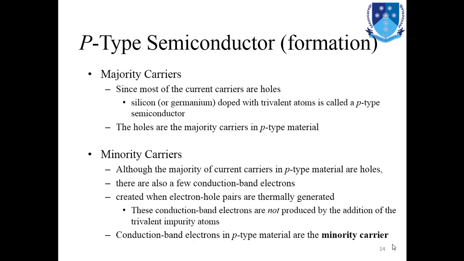One type of charge carrier is in majority, which are holes. So the current in p-type material will be due to the holes, and the holes are considered the majority charge carriers in p-type material. On the other hand, there are a few thermally generated electrons as well in p-type material, and these few thermally generated electrons, which are lesser in number, are referred to as minority charge carriers.